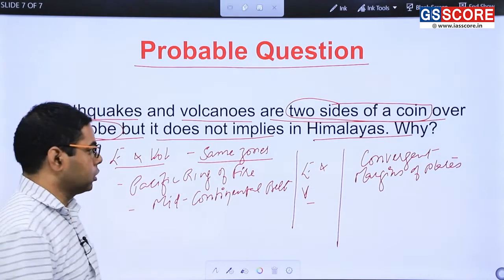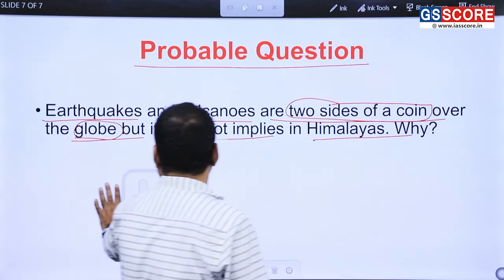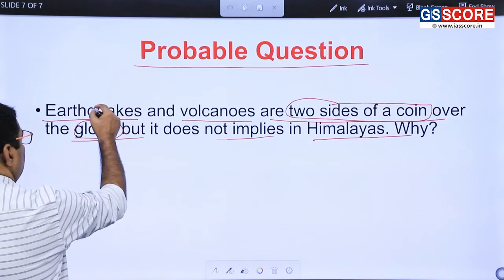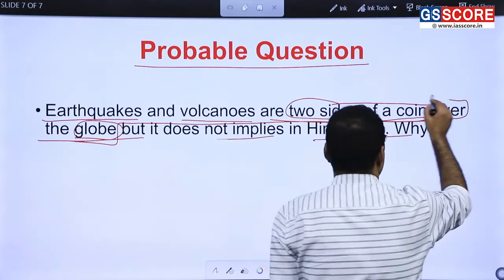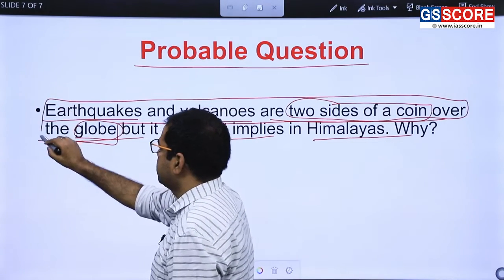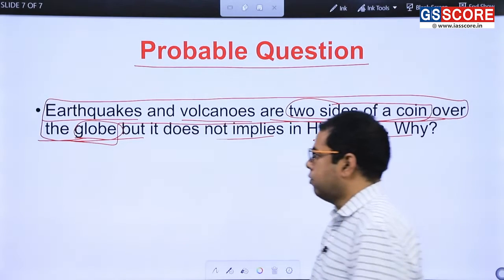So how would you start this answer? The answer will start by explaining this part. You have to prove that they are right. How would you say?